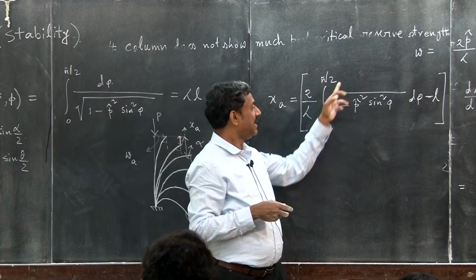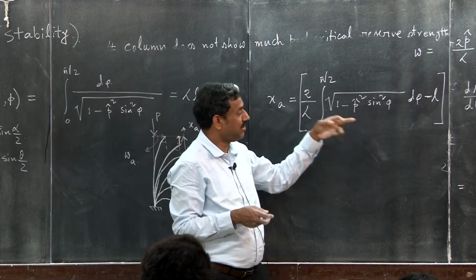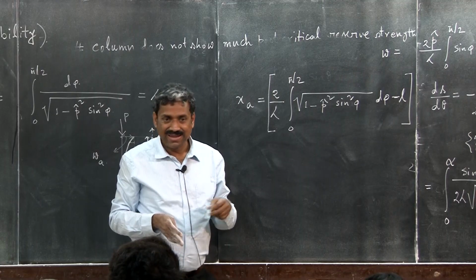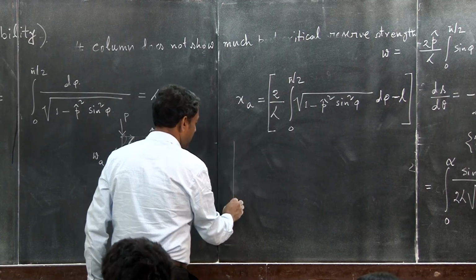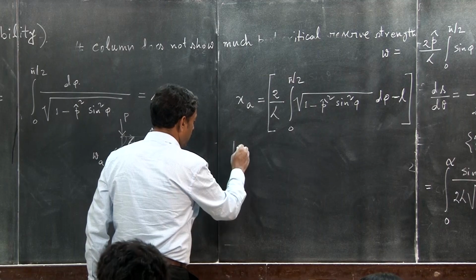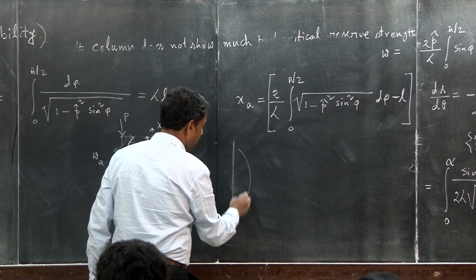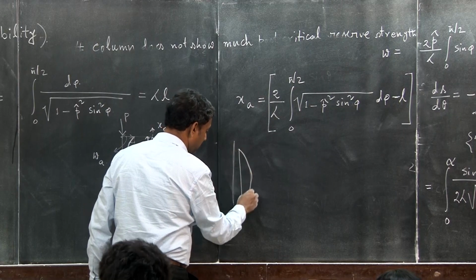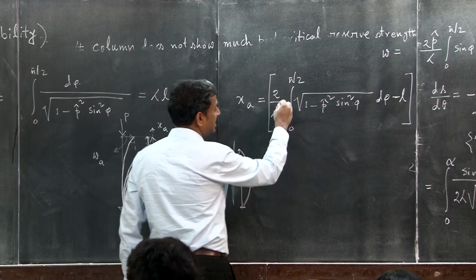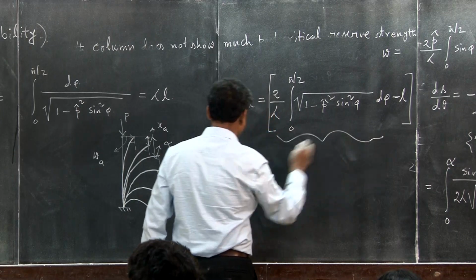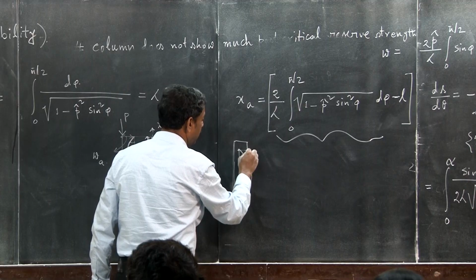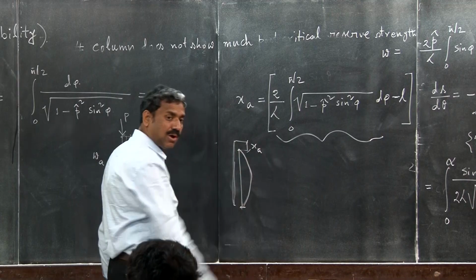Whatever this mapping is, now you take the projection of that. So, this thing was mapped into a curve like this. The projection of this curve is given by this first term, and you just subtract L from that. That is what gives you XA. Understand how we are getting it?